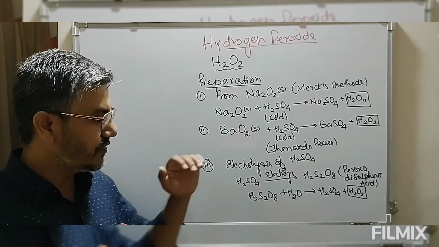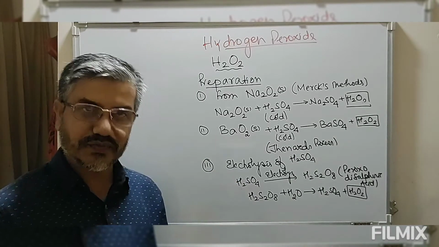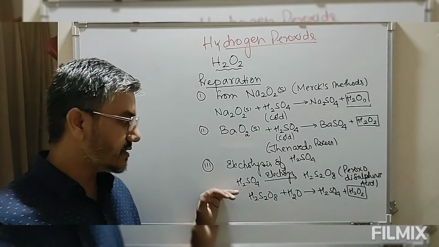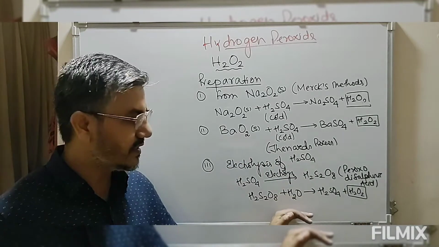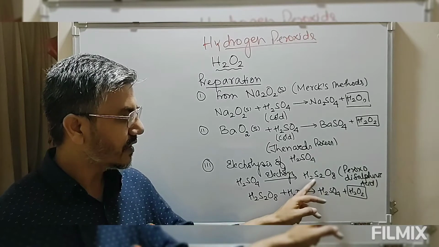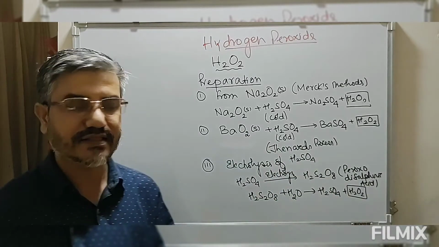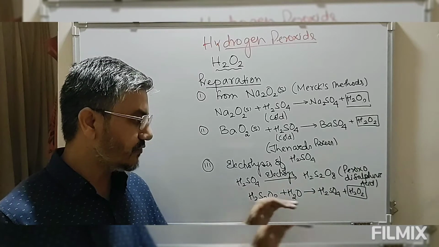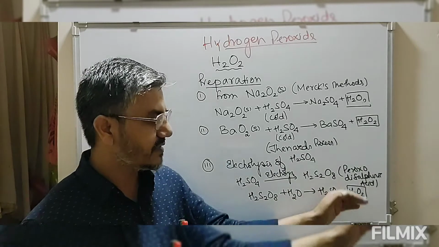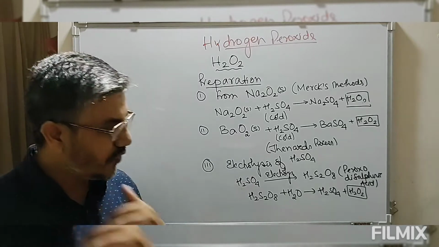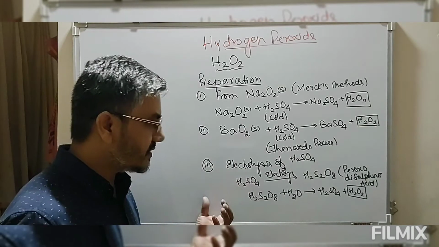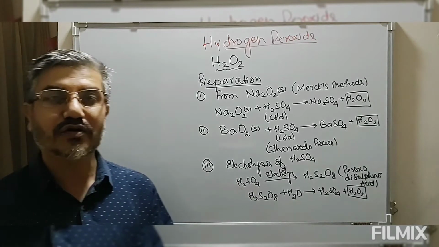To this we pass electric current through electrodes, through an electrolytic cell. When this sulfuric acid is electrolyzed, it is oxidized to give peroxodisulfuric acid. This peroxodisulfuric acid on dilution with water gives you sulfuric acid and hydrogen peroxide. From this we get concentrated hydrogen peroxide. So this is one of the methods by which we can prepare hydrogen peroxide in bulk.